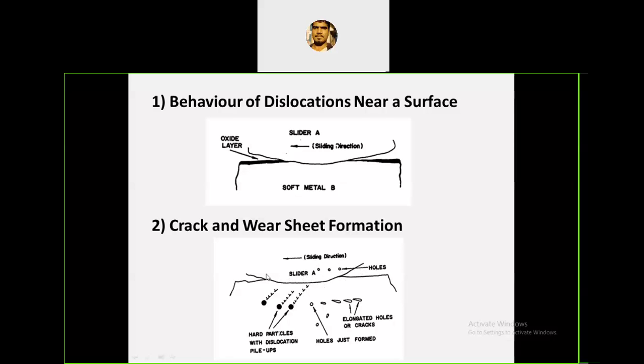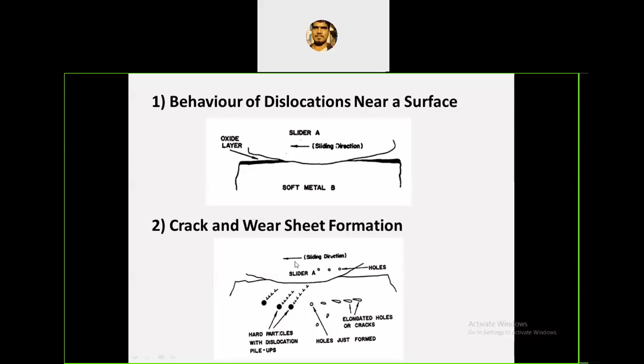Sliding direction, slider A. These are elongated holes, small holes, and because of this action they will continuously elongate. Here it's a small hole, but it will start propagating. These are the hard particles, and these cracks will continuously grow across the entire surface.